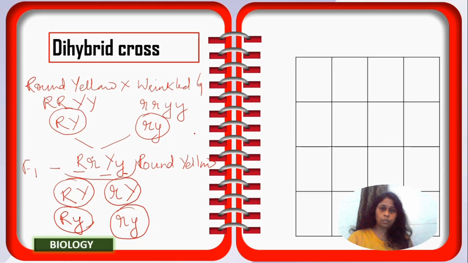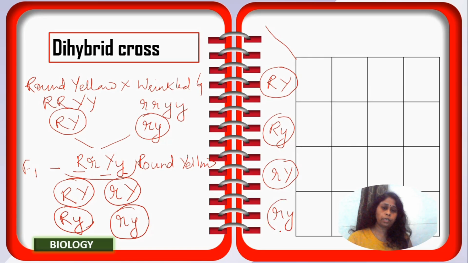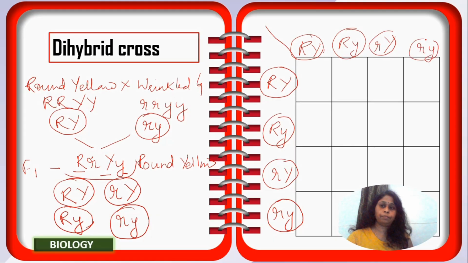Okay, this is a Punnett square. Here I am writing capital R, capital Y, then capital R, small y, small r, capital Y, and small r, small y. In the same way we will write here also capital R, capital Y, then capital R, small y, small r, capital Y, and small r, small y.